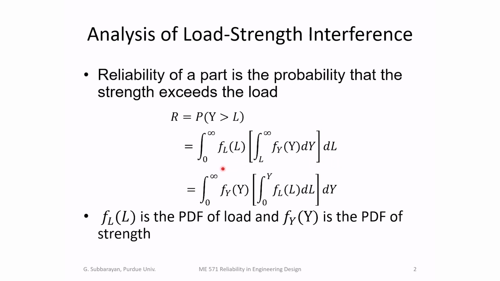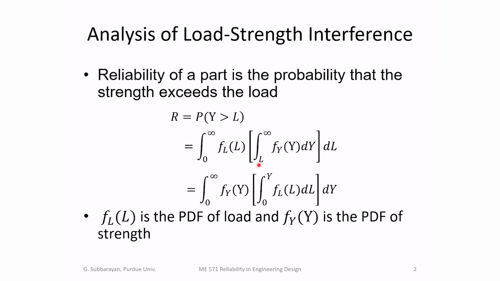It can be expressed using the formula that you see here, where for each value of L, we ask the question, what is the probability that strength Y would exceed that value of L?